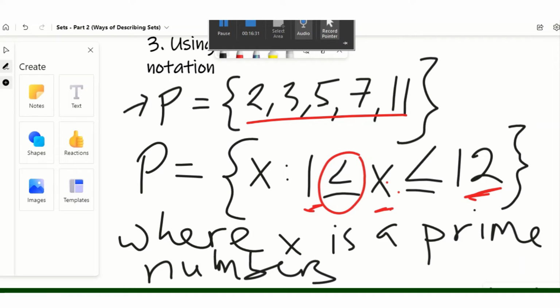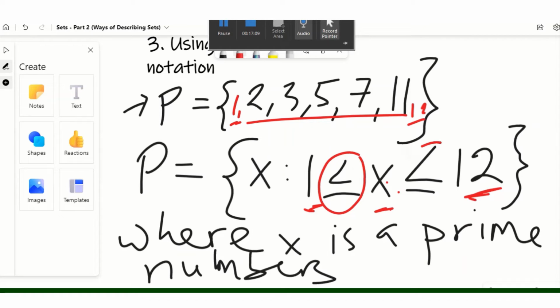But when you look at this symbol, you notice that it's a bit problematic. Why is it problematic? Because there is no 1 here, and there is no 12 here, and x is not equal to 12, neither is x equal to 1.